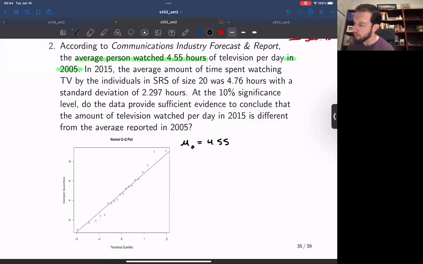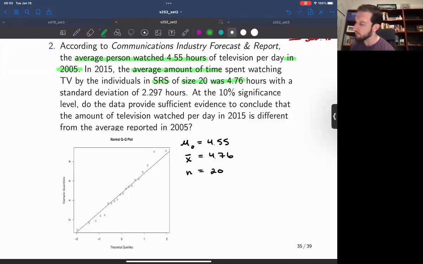We are also told that in 2015, we have an SRS of size 20, and the average amount was 4.76 hours. So this is telling us a few things. It's telling us that X bar is 4.76. It's telling us that the sample size is equal to 20.